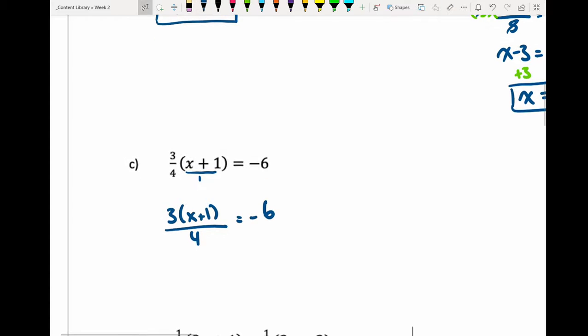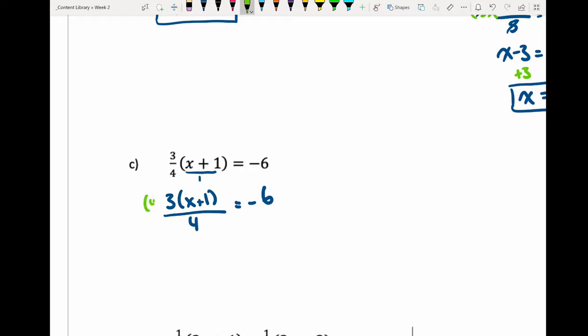Now I can see one side is all divided by 4. So to cancel out dividing by 4, I need to multiply the one side by 4 and the other side by 4. One side will cancel out. I'm left with 3 times x plus 1 equals negative 24.